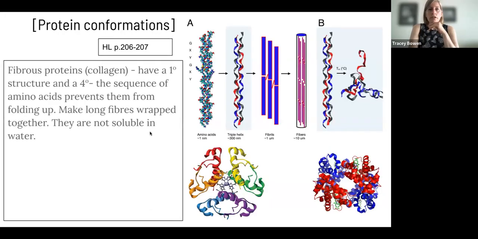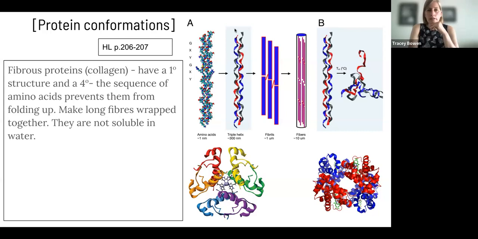So protein conformations, one example of a protein conformation is collagen, which is a fibrous protein, and it has a primary structure and a quaternary structure. So there's a sequence of amino acids, and the sequence of how the amino acids are lined up prevents the polypeptide from forming an alpha helix.